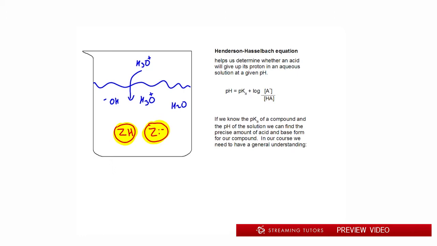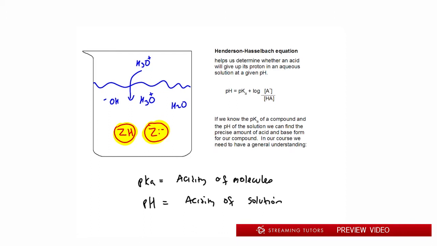And actually, let me write this down. So pKa equals the acidity of molecules. And the pH equals the measure of acidity of the solution. That's the difference. We use different terms to measure the different components of our environment. That's what we're seeing here.